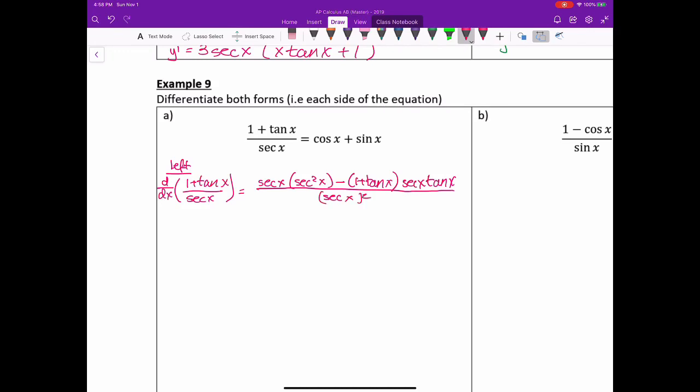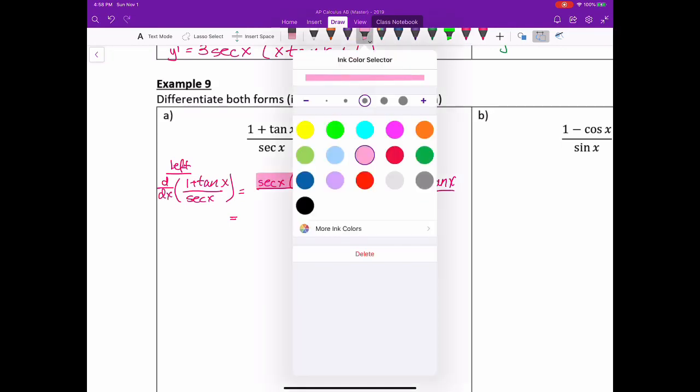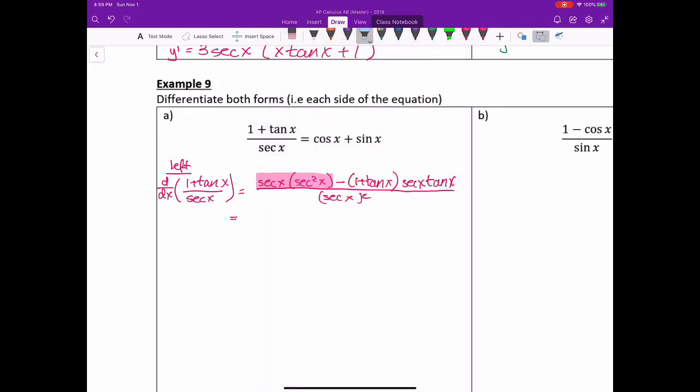So let's see what I get there if I simplify a bit. First of all, one thing I notice is that I can actually factor out in the numerator a secant of x in both of the two terms. So here, that's one term, and the other term is right here. Both of them have a secant of x in it, so maybe I'll just factor that out from the get-go.